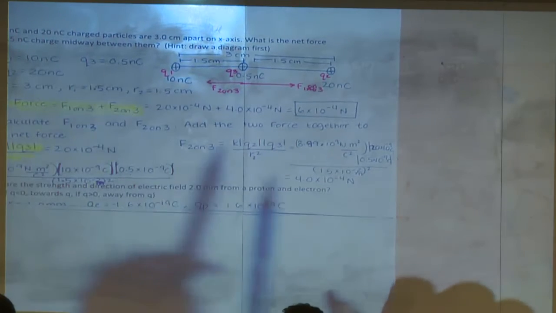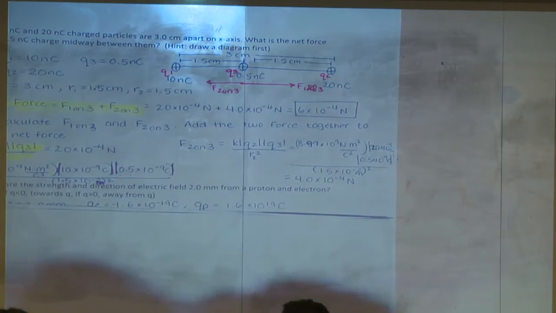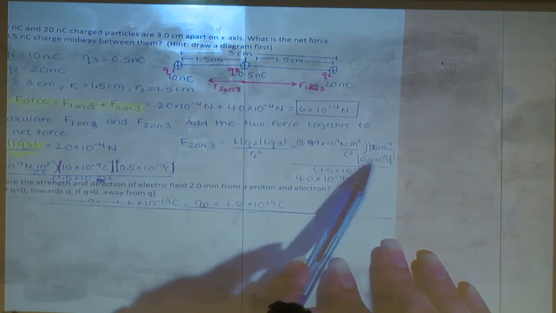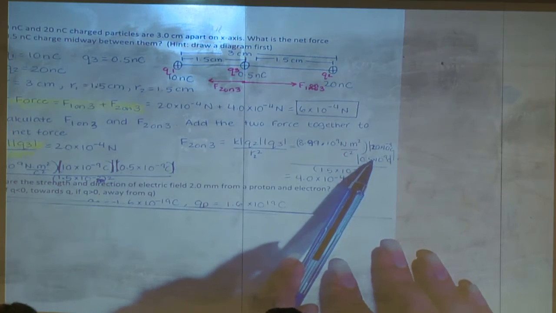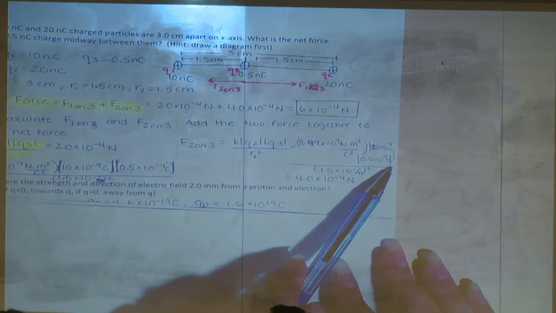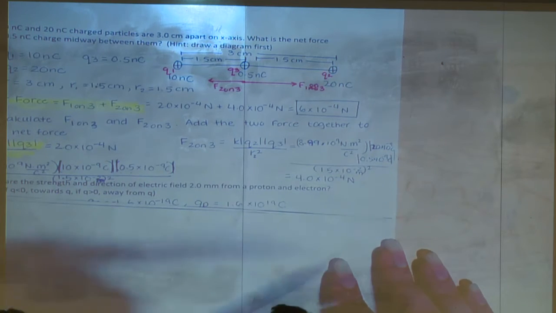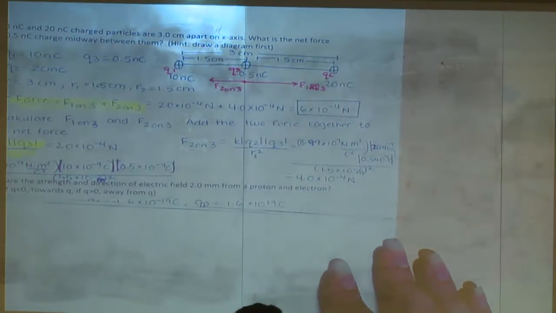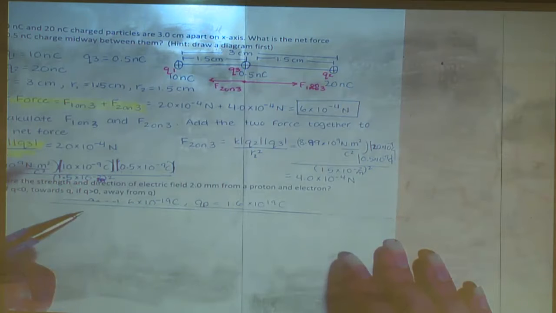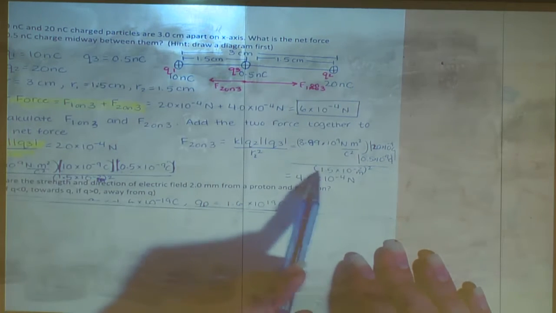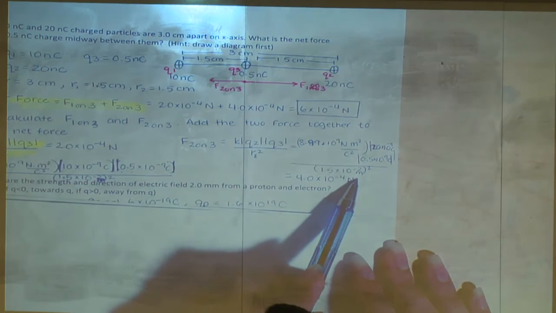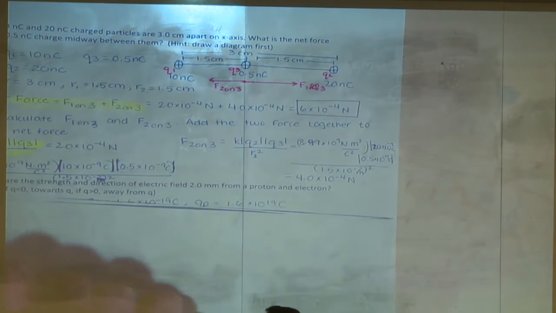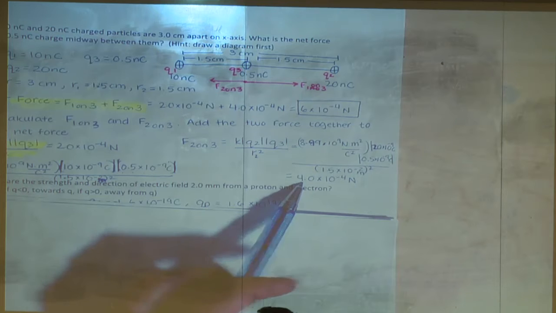So if we plug in the numbers, it's going to be the electric constant times Q2, which is 20 nanocoulombs, so 20 times 10 to the negative 9 coulombs, and the absolute value of that, and then 0.5 nanocoulombs, so that'd be 0.5 times 10 to the negative 9 coulombs, over 1.5 times 10 to the negative 2 meters squared, because it's the same distance, right? All right, and that gives us 4.0 times 10 to the negative 4 newtons.